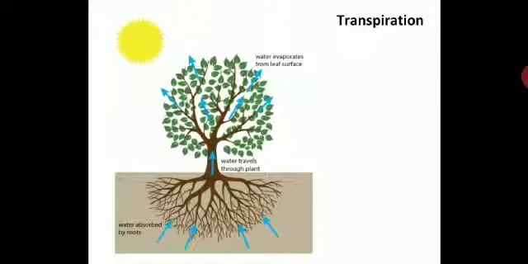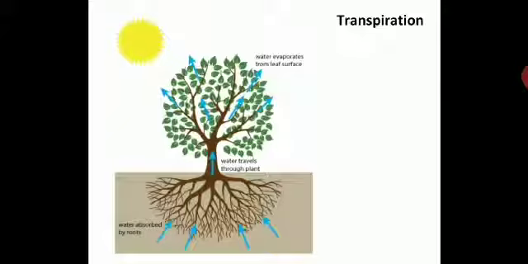Here you can see transpiration. Just have a look at this image of transpiration, where you can see a tree over here, and water absorbed by the roots. Water travels through the plant, through the stem. From the root it is taken up, it goes upward, towards all the parts of the plant, to all the branches, to the leaves, and from the leaves water evaporates from the leaf surface.